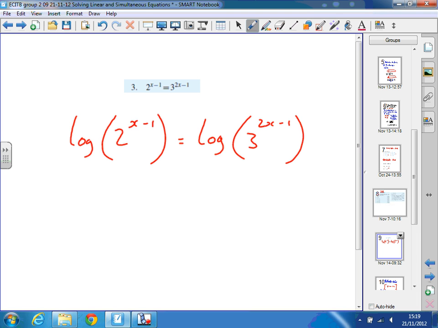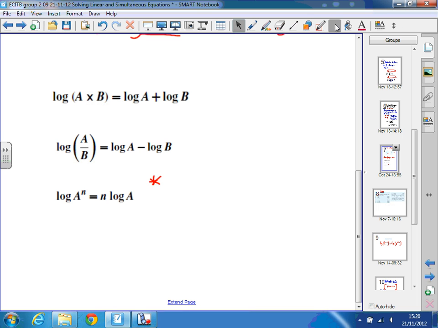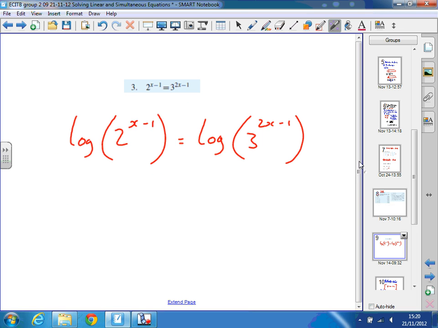And the reason why we take logarithms is because of this third law of logarithms, which tells us that the power in here, n, can come down and become a multiplication. That's why we do it. So we go to here, and that means that the x minus 1, which is in the power, can come down and go in front.